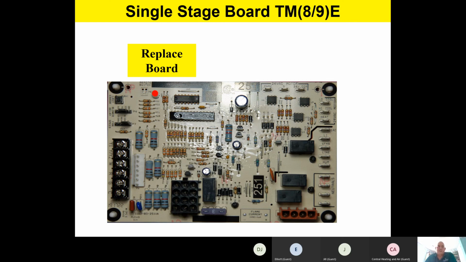I like to recycle the power at least one time: shut the power off, count to 10 seconds, turn the power back on, and see if it'll clear itself. Sometimes it'll clear itself. But if it's steady on, then you know the board has failed internally. It's electronic circuitry, and so it's time to replace that board if you have a steady on LED.